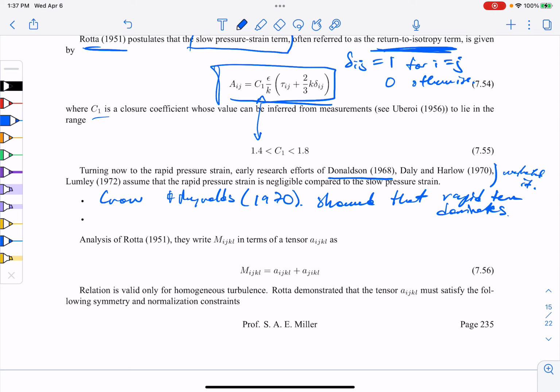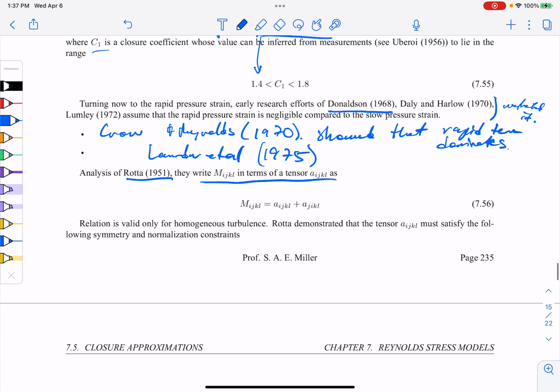And one particular way they picked it up, Launder et al. in 1975, if you want to Google it, wrote M_ijkl in terms of a tensor a_ijkl and broke it apart this way. And this would be valid for homogeneous turbulence.